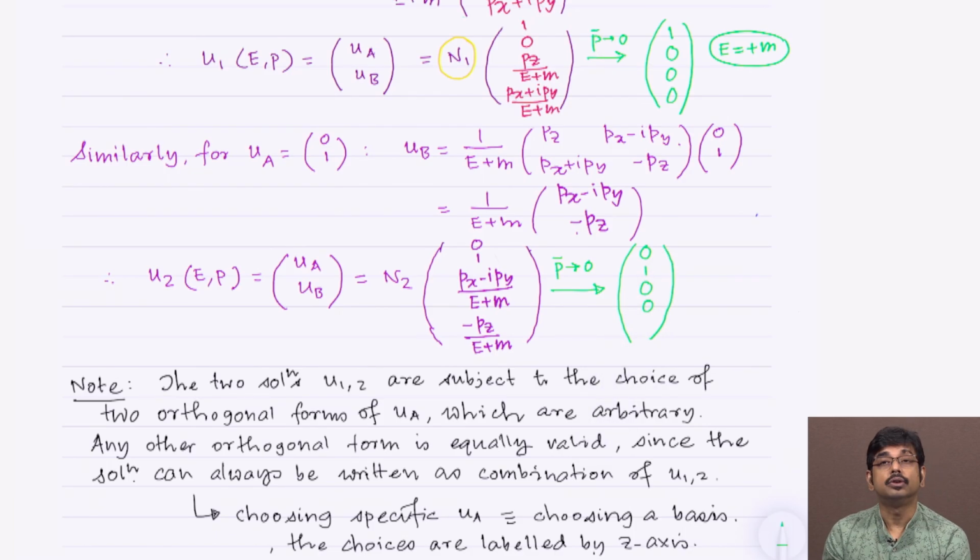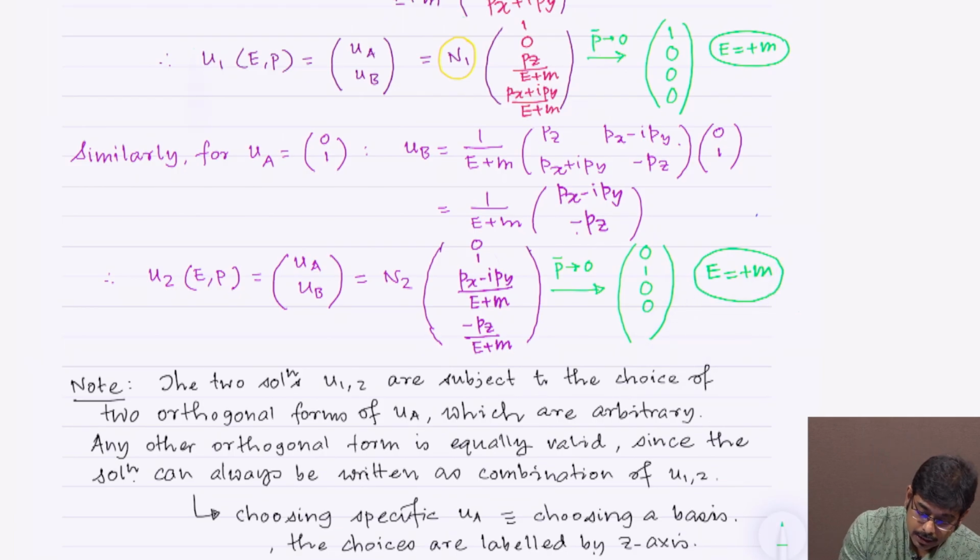This is also a solution that we obtained, a positive energy solution with E is equal to plus m. So, these two solutions we have obtained so far, u1 and u2, are the particle-like solutions, which give you positive energy solutions, right.